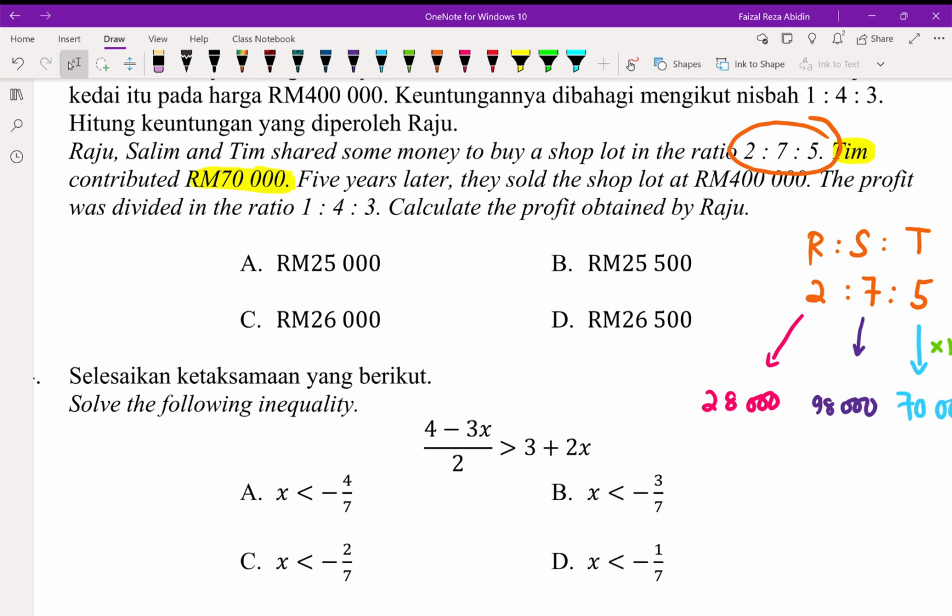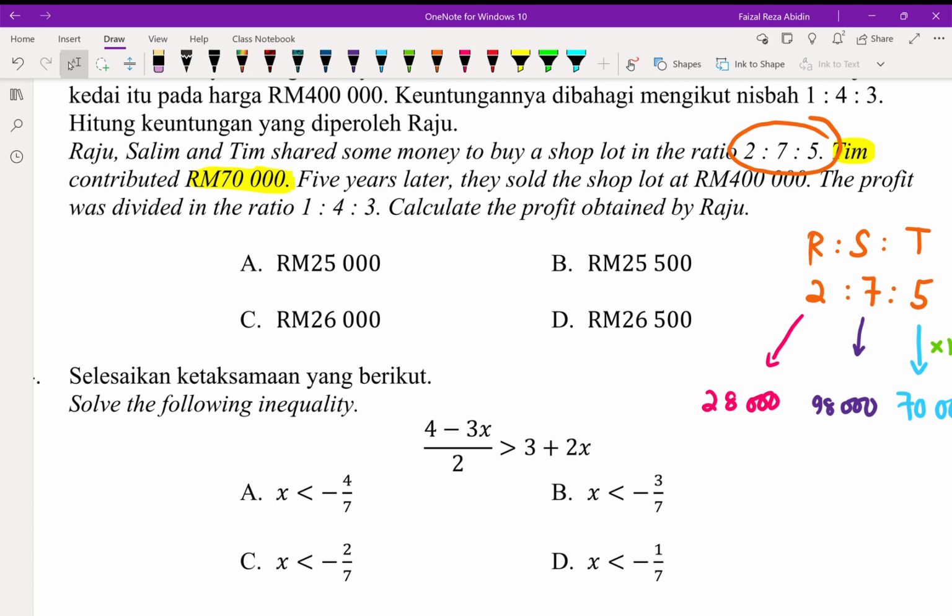Who will get 1 there? I don't know. Yes, in the ratio there, we have our RST. So means that our profit also, you are going to get Raju 1 part, Salim 4 parts, and Tim 3 parts.